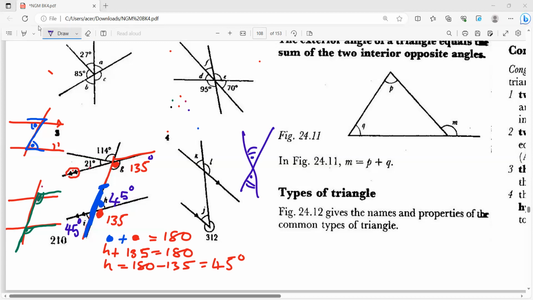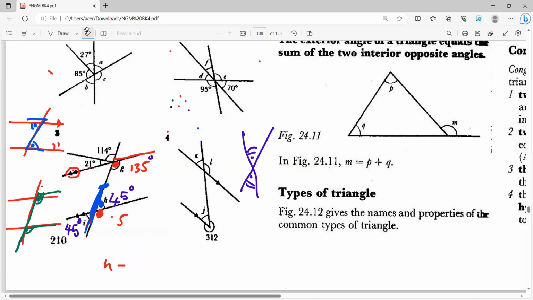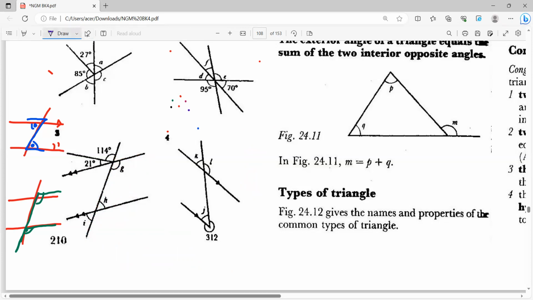All right. Now, we're going to move on to the next part. I'm going to do the whole of number 4 on this. So let's create some space. And now let's look at this one.